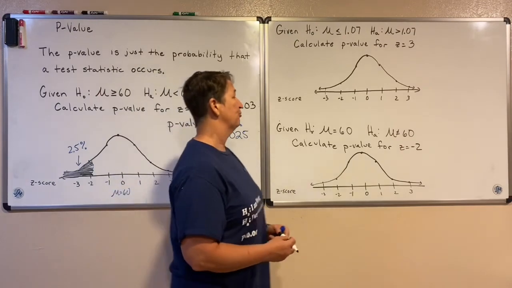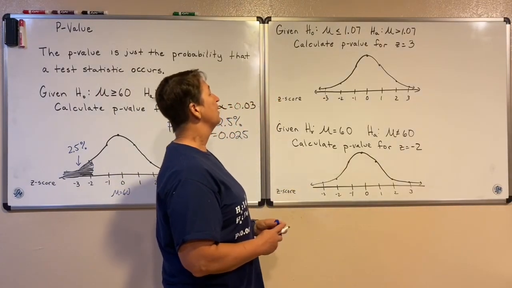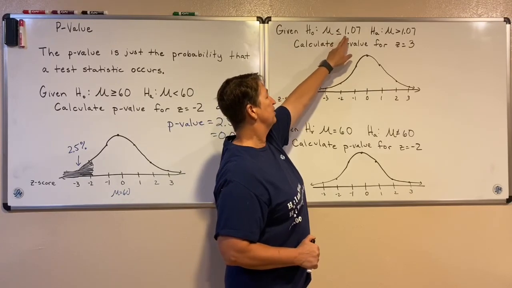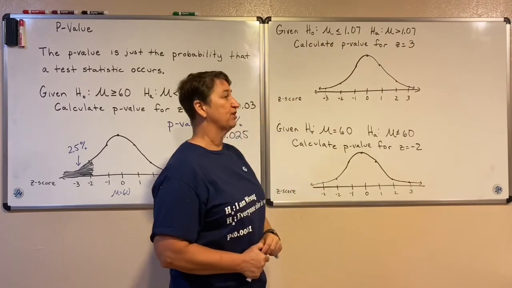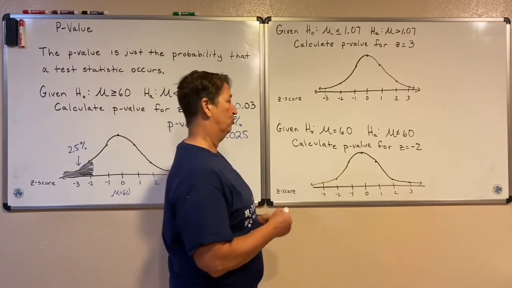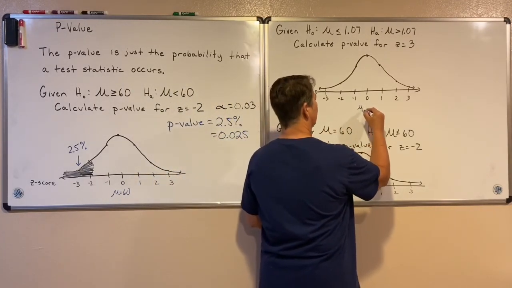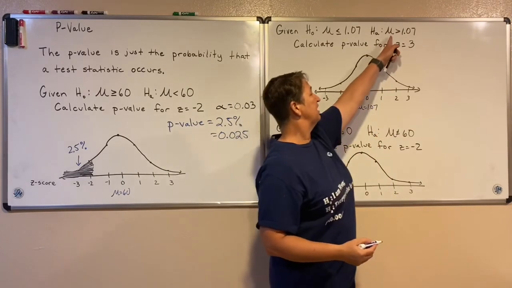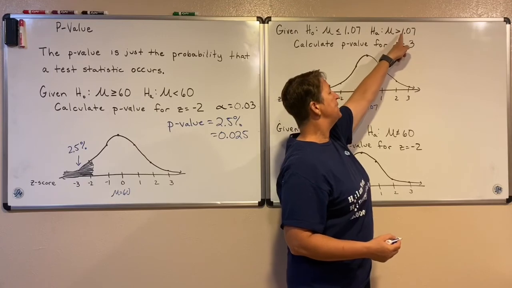Let's calculate another p-value. So here I have a null hypothesis that my mean is less than or equal to 1.07, and my alternative is that it's going to be greater than 1.07. So this time the mean is at 1.07, and I'm looking for a test statistic that is bigger.